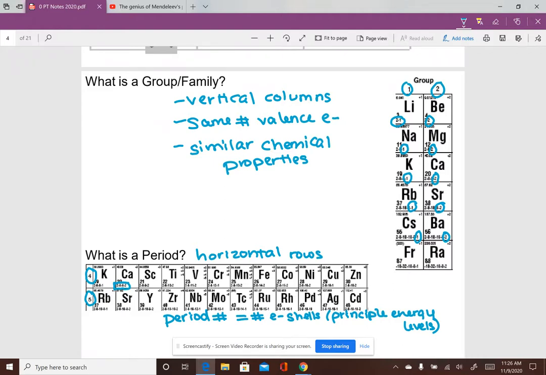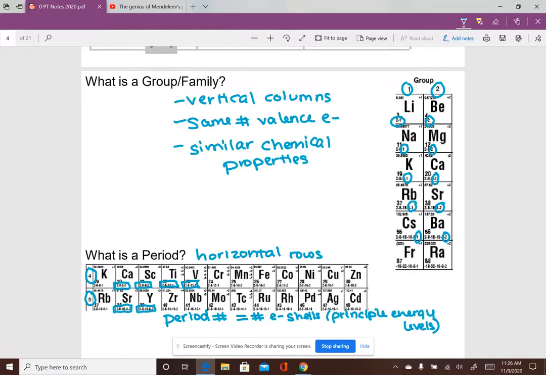So if there's 4 numbers, there's 4 rings or 4 shells. And every single element in the 4th row has 4 numbers in its electron configuration. Same thing with the 5th row. Everything in the 5th row has 5 numbers in its electron configuration. So that's another thing that's worth you guys remembering.